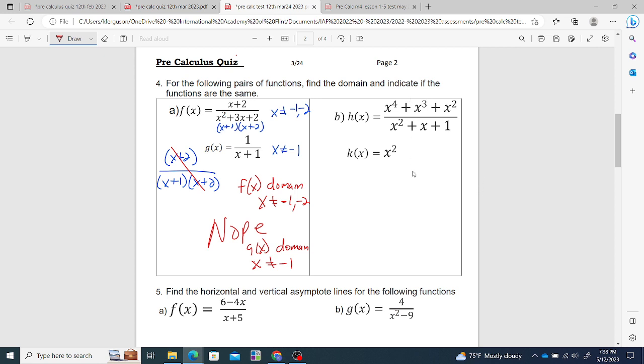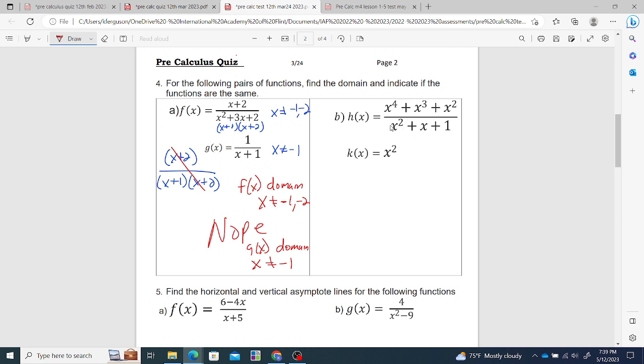What is the domain? Well, remember what the domain is. The domain is restrictions on your inputs. If I look down here, I can't factor this. There's no number that is going to give me a negative in the denominator. If I put a -1 in there, I get +1, -1 plus 1 is 0, but then I've still got +1 here.